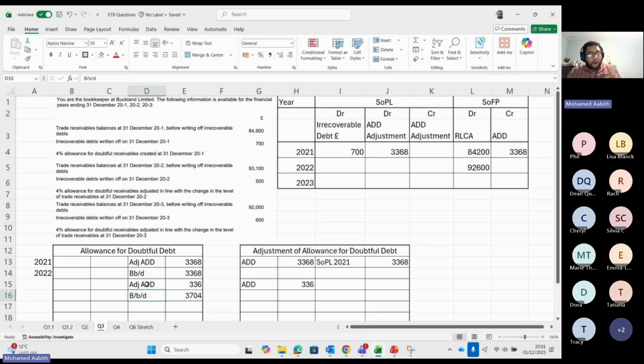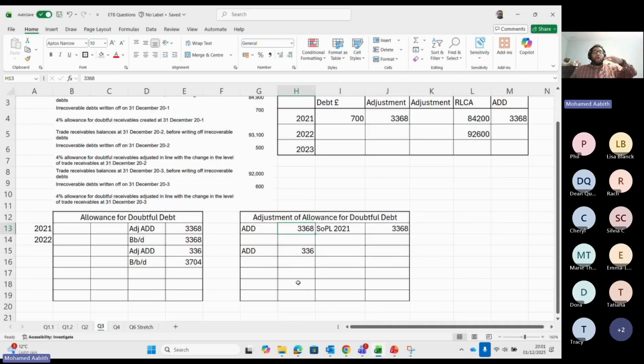Can you see here, in the first year I take a big hit, and in the next year it is only an adjustment. We are only changing the numbers back and forth now. So this will go into my SOPL in 2022 as an expense. So here 336, and these two numbers will produce that number.